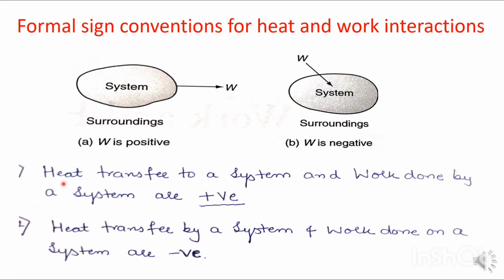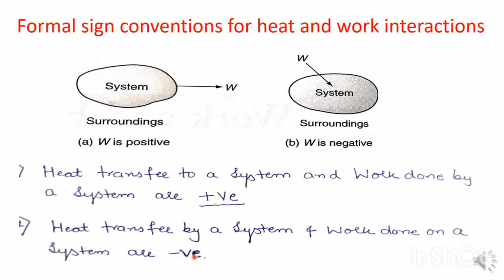Heat transfer to a system and the work done by the system are considered as positive quantities, whereas heat transfer by a system and the work done on a system are considered as negative.